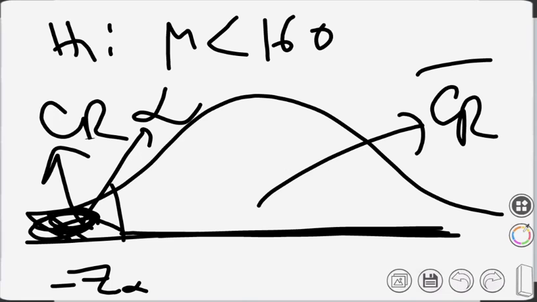Critical region depends upon the alternate hypothesis. If the value of the test statistic falls in the critical region, you reject the null hypothesis and accept the alternate hypothesis. Otherwise, if it falls in the acceptance region, accept the null hypothesis and reject the alternate hypothesis, and write the decision. That is the decision making process, the interpretation done through testing of hypothesis.